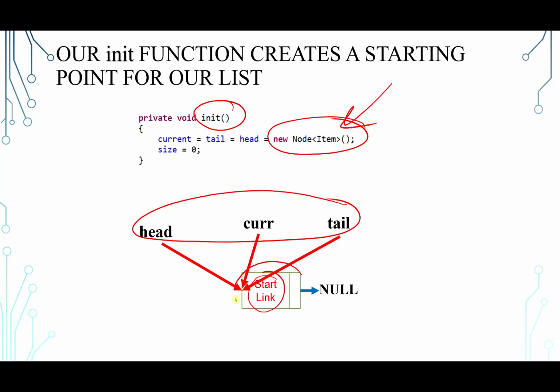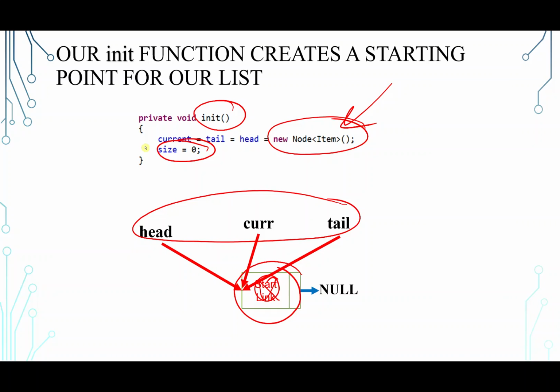And this is not actually a node with actual data. It is just a dummy node that refers to the first node of the list. And since it does not have any data, it's not counted as part of our size. This is why we say the size is 0.